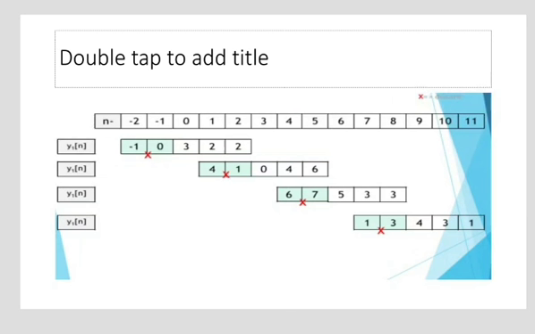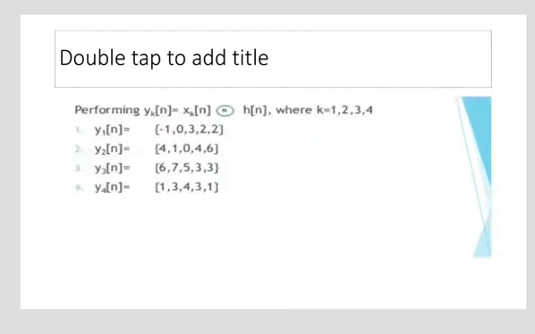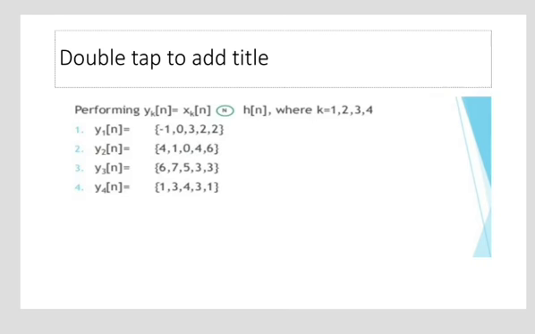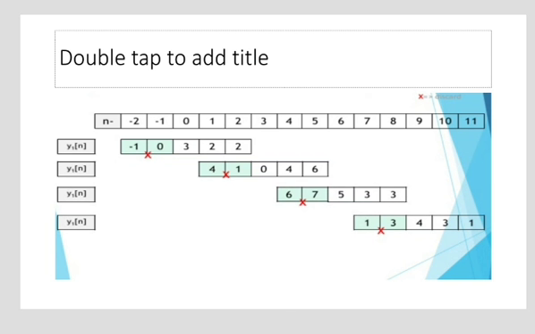Now we get the values of y1(n) as -1, 0, 3, 2, 2. So we write here y1(n) is this, y2(n) is 4, 1, 0, 4, 6, y3(n) is 6, 7, 5, 3, 3 and y4(n) is 1, 3, 4, 3, 1.